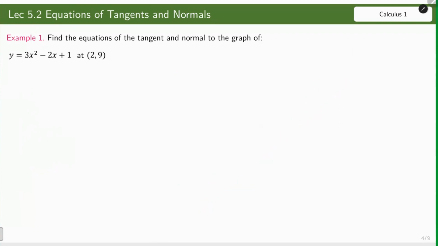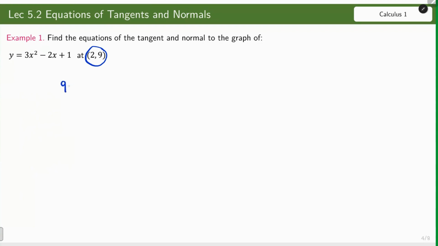First example, y is equal to 3x squared minus 2x plus 1 at (2, 9). The first thing that we should do is to see whether the given point of tangency is really a point of tangency. How? We will substitute the x and y to the given equation.